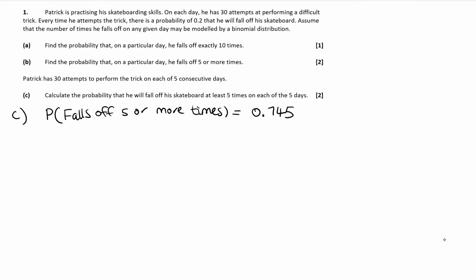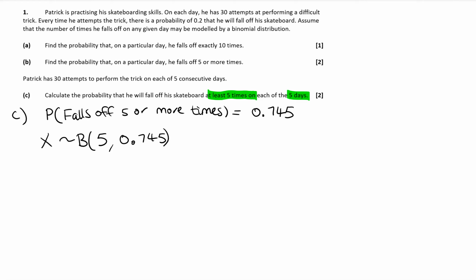It says calculate the probability he will fall off his skateboard at least 5 times. So we know that probability on each of the 5 days. Essentially, this is binomial distribution again, where we've got n now as 5 and we've got a probability of 0.745.